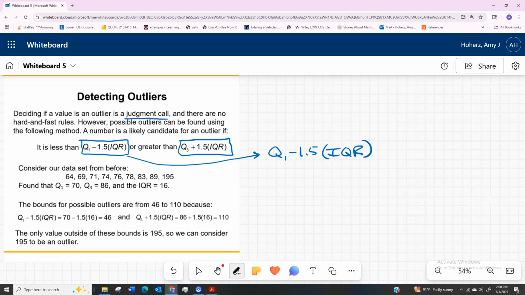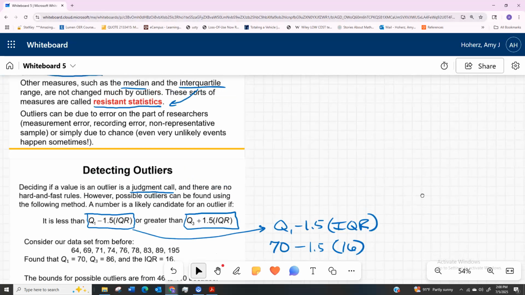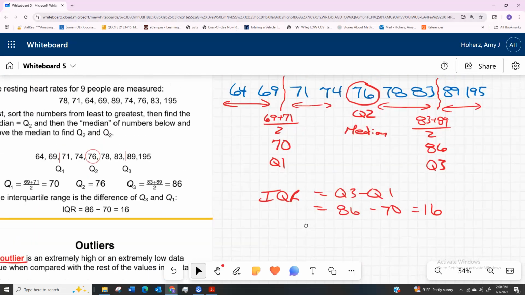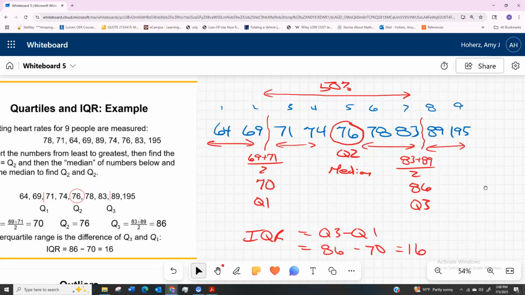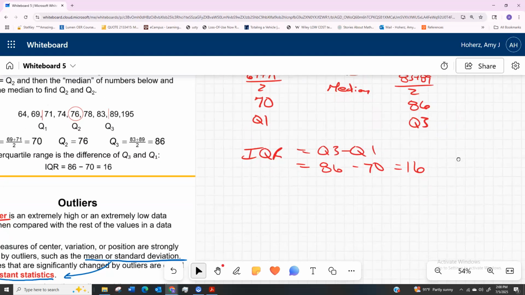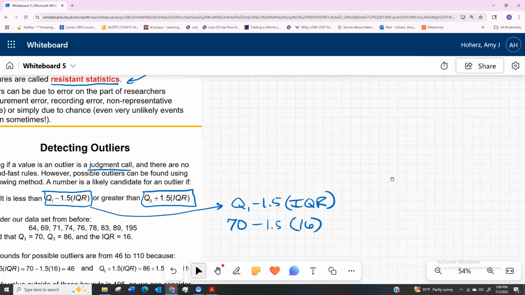So Q1 was 70, that's what we computed before, minus 1.5 times the interquartile range that we found, which was 16. I'm going to go up here and just point out where I'm getting these from. This is just from the data that we had before. Remember, we found the Q1 to be 70, the Q3 to be 86, and then we found the interquartile range to be 16, the 86 minus the 70. So those are the numbers that we're using.